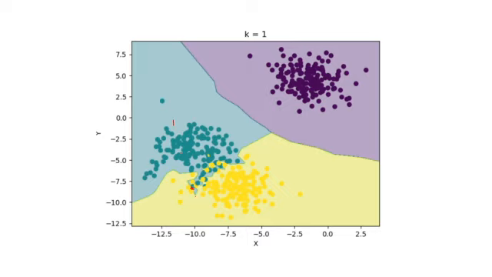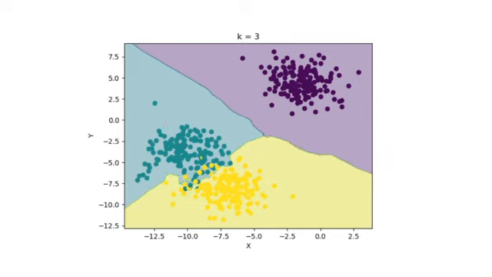Now see the change in the boundaries as I change the value of k. This is for k equals 1. For k equals 3, it looks like this. The blue has been pushed up, and this part has been replaced by the yellow zone.